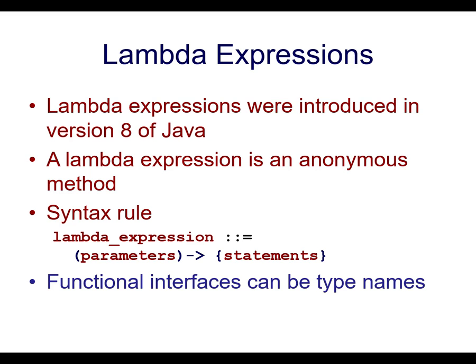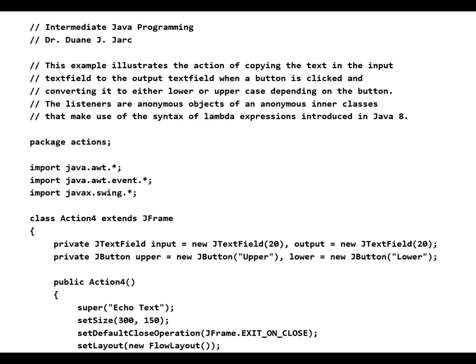Lambda expressions can be given names if their type conforms to what is called a functional interface, which is an interface containing only a single method. Recall that NetBeans will automatically change the syntax that uses an anonymous object of an anonymous inner class to one that uses a lambda expression for us if we so desire.